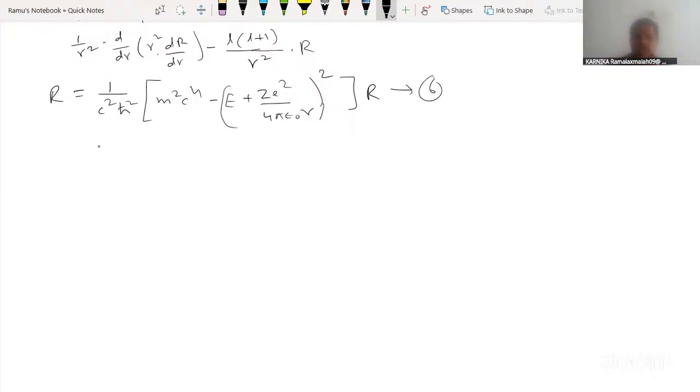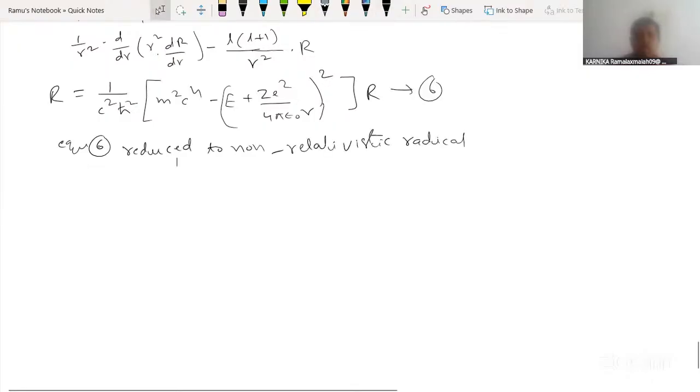Here equation 6 reduces to the non-relativistic radial equation for the hydrogen atom.